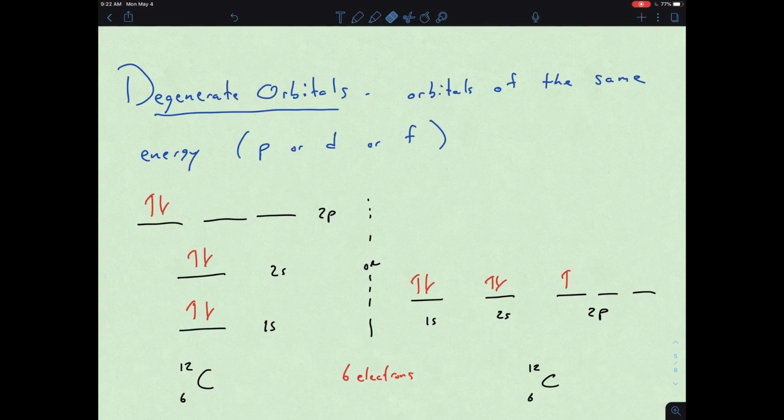This is incorrect. This is a violation of Hund's rule.